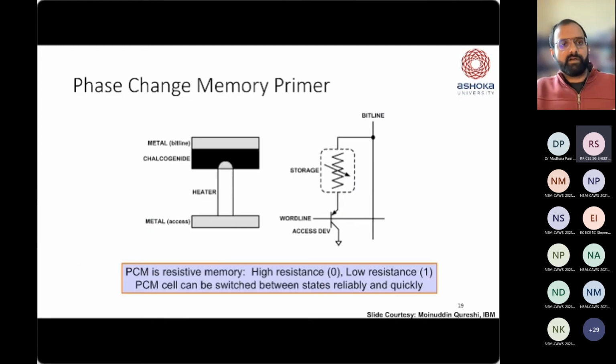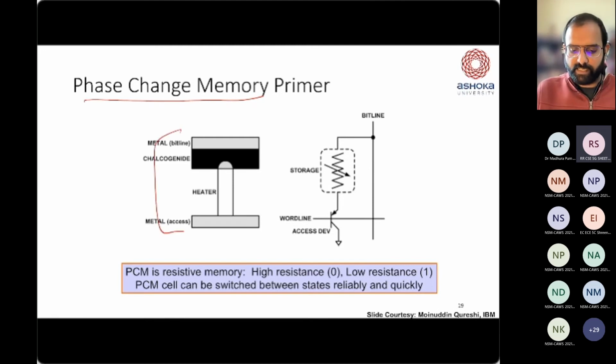If you remember, what I talked about in DRAM was that DRAM stores information as charge on a capacitor, whereas most of the non-volatile technologies that I have mentioned so far store information as resistance, right? So what do I mean by that? I'll take one quick example, something known as phase change memory, which is made up of a chalcogenide material. If you look at this one cell over here, it has this layer right here, which is made up of a chalcogenide material.